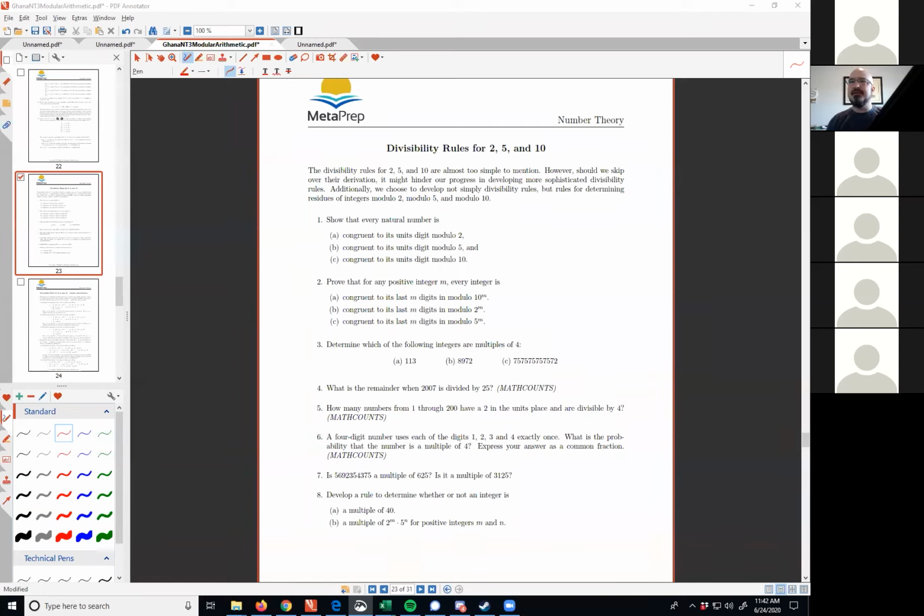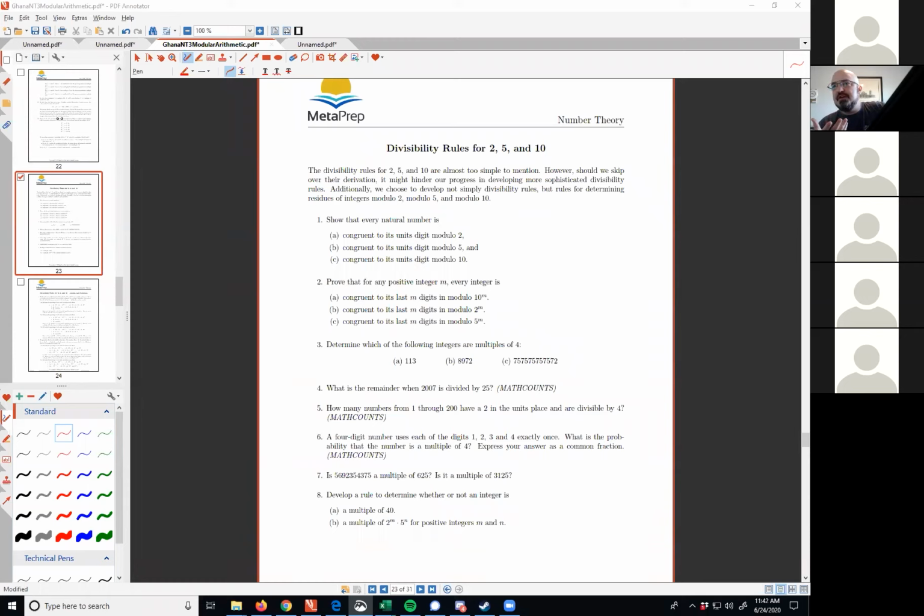So we have a very simple divisibility rule to test whether or not an integer is divisible by 2. We have a few other simple divisibility rules. It's easy to tell if an integer is a multiple of 5. How do we do that? It either ends in 5 or 0. The units digit has to be 0 or 5.